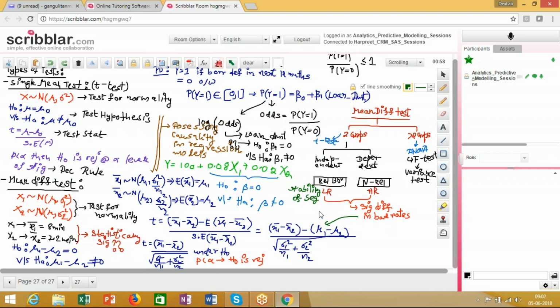Once a treatment has been applied, what is the impact of that treatment? Then we compare the two groups for the difference in the bad rates, and we check whether the decrease in the bad rate that we observe after the treatment is significant or not. That is where the mean difference test comes into play. Clear?